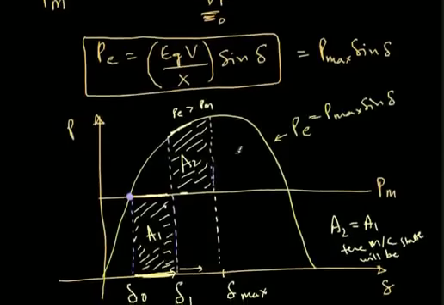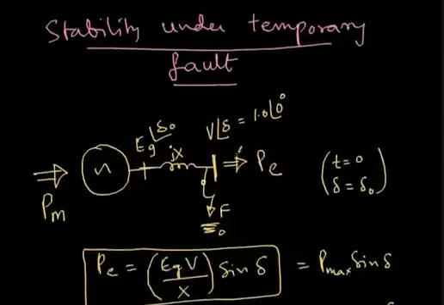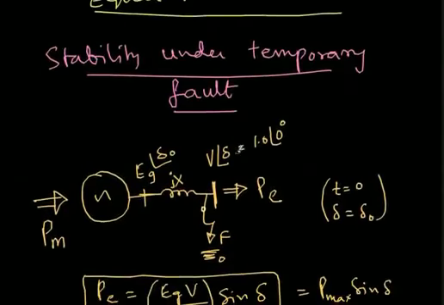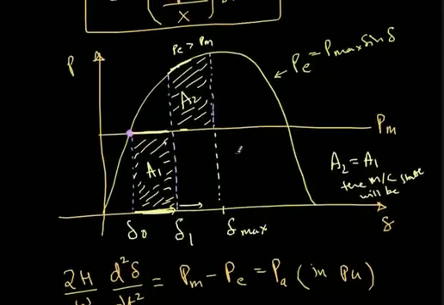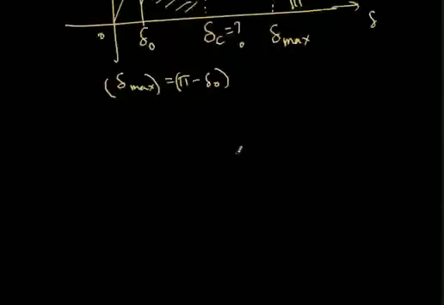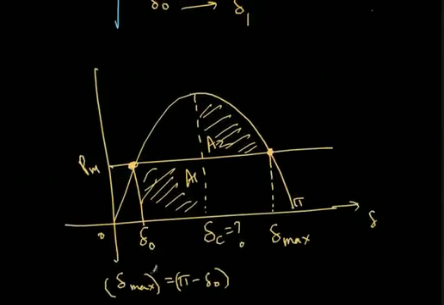So hello everyone. I started off explaining stability under temporary fault, and this is just a continuation video. So far what we have discussed is that in the final case, when area A1 is equal to area A2, that is the critical case where I have to clear.